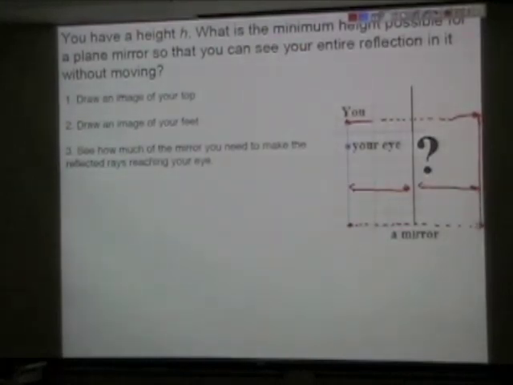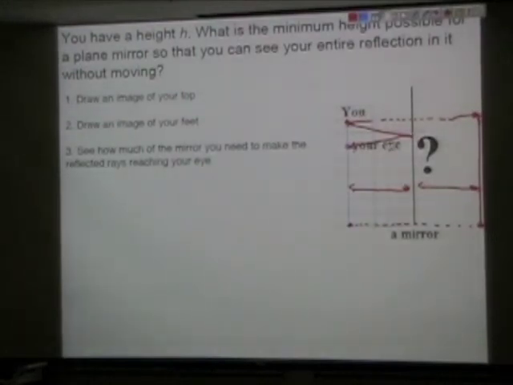What about light rays? Well, of course, in real life, light should be traveling from this point, reach the mirror, and get back to your eye, like this. However, where is this point?